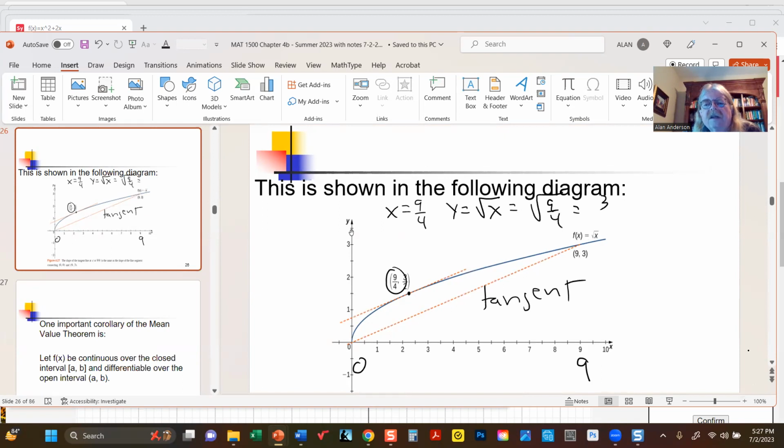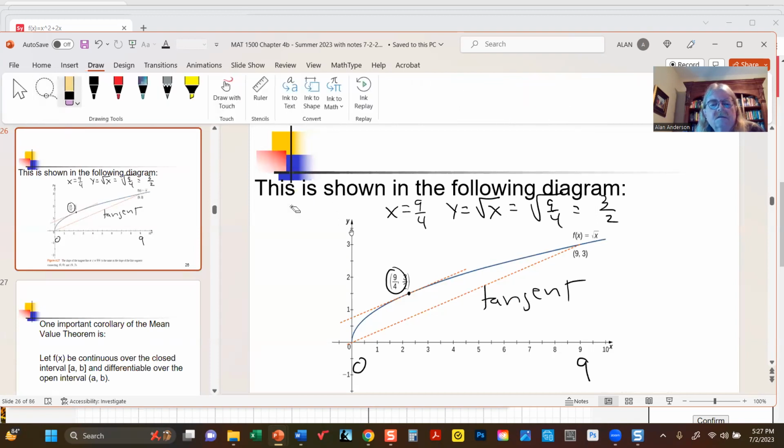So y would be 3/2. So this point is the tangent, which lines up with or is equal to the slope of the secant between those 2 points.